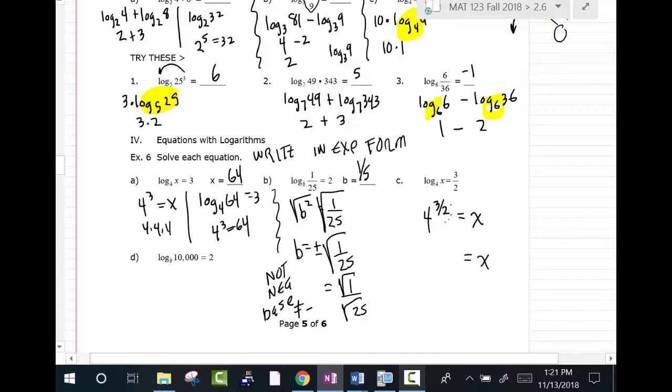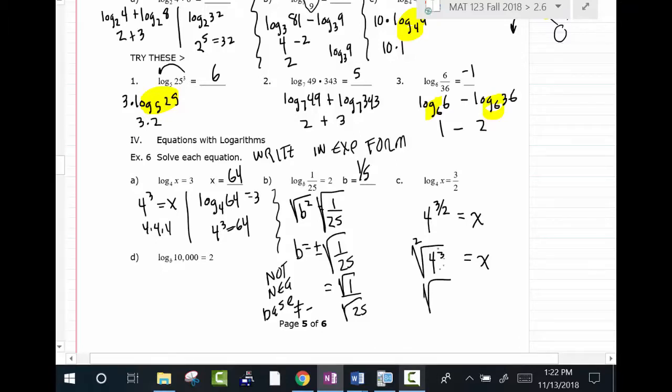Anytime you have a fractional power, it goes like this. So that becomes what the root is. That's a square root. If that denominator was 4, it'd be a 4th root. And then you just put the 4 to the third like that. Okay, that's what that means. Fractional exponents are the same thing as roots. Okay, then you could do this like this.